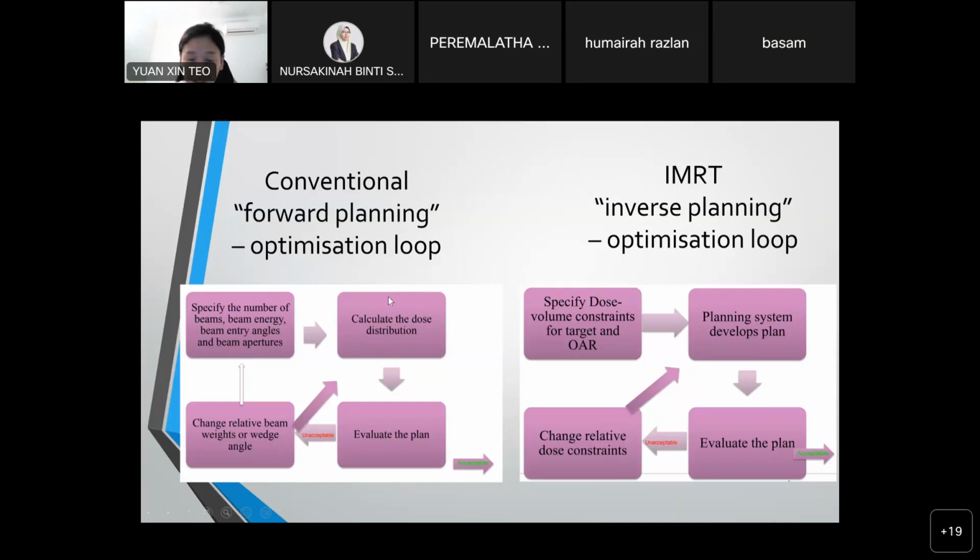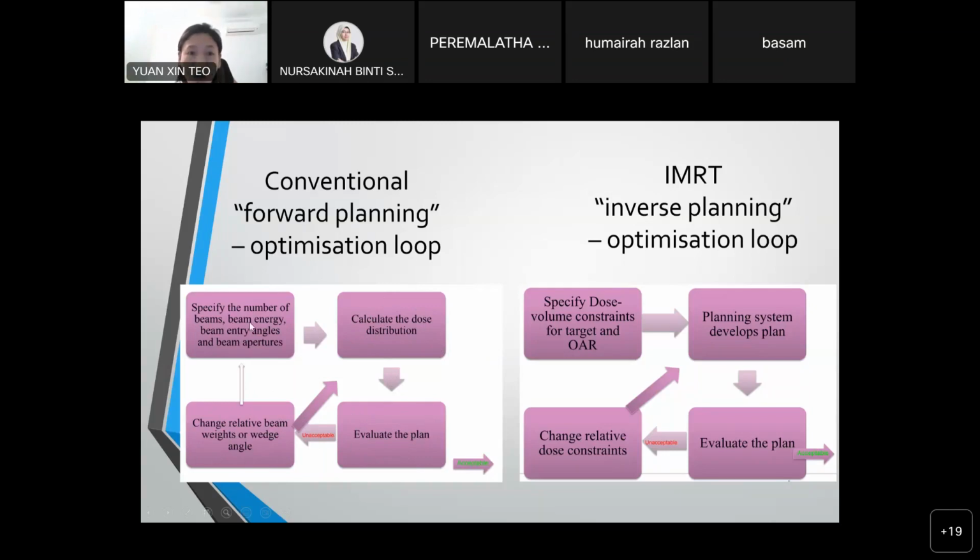After the computer calculates the dose, we will see how good the plan is. If it is unacceptable, we will change the relative beam weighting, or we add in a wedge angle, or we add in a field. Then we calculate the dose again until you accept the plan.